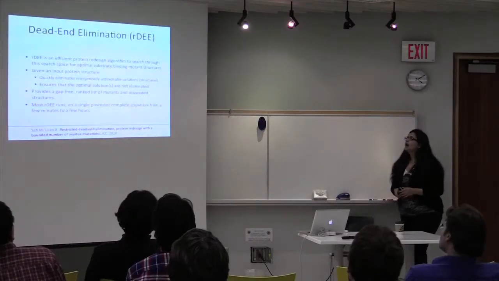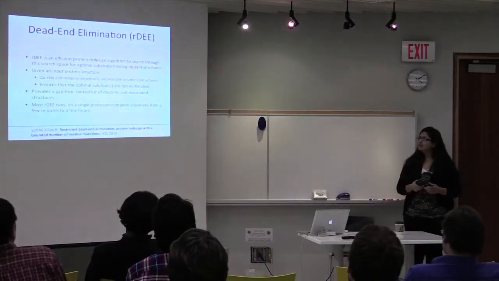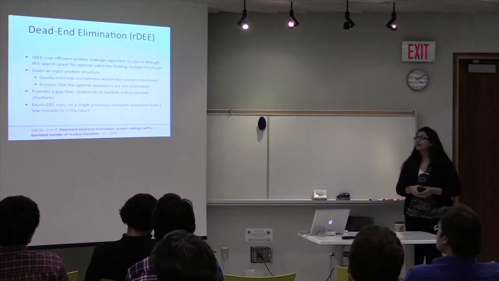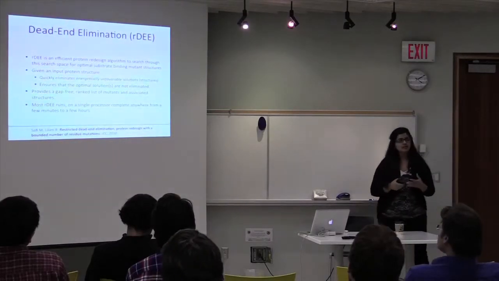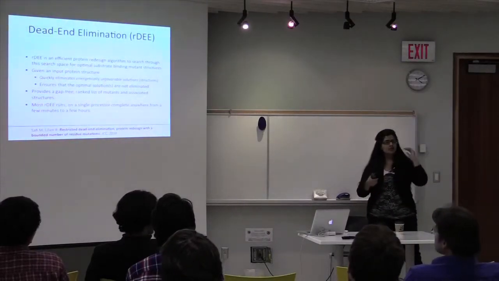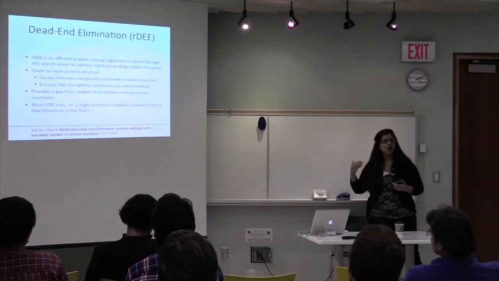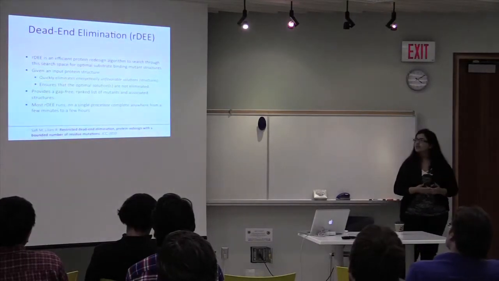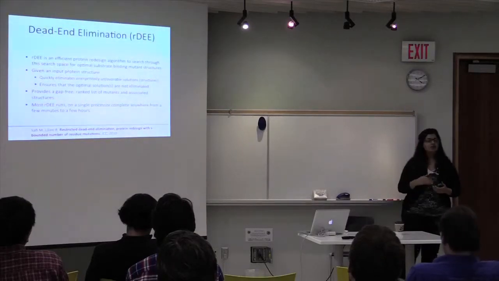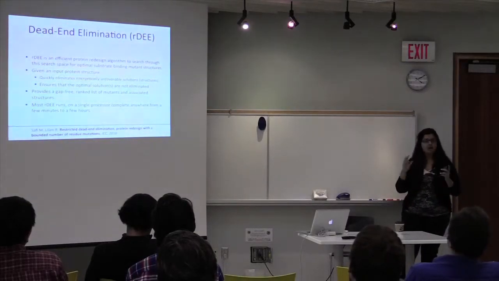So what do we do? We use an efficient protein redesign algorithm to search through this search space and give us the top-ranking substrate binding mutant structures. These are all the mutant structures that bind the native substrate optimally.